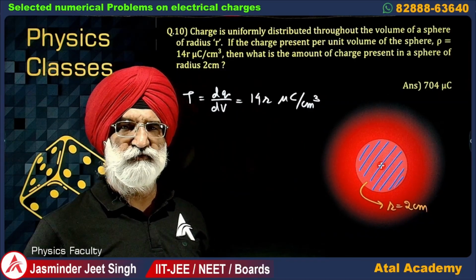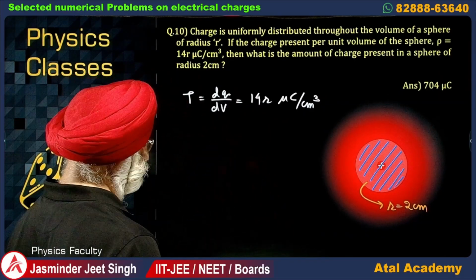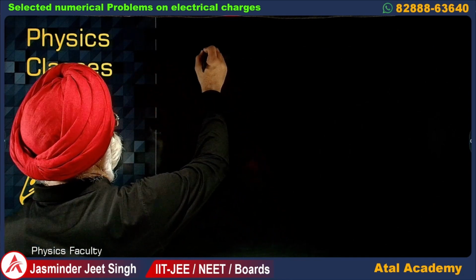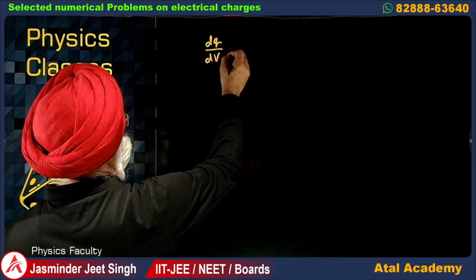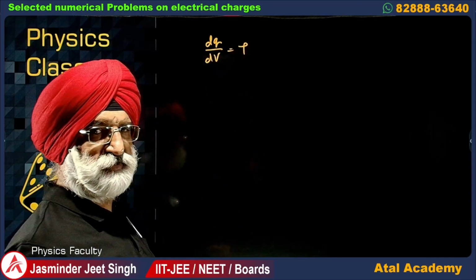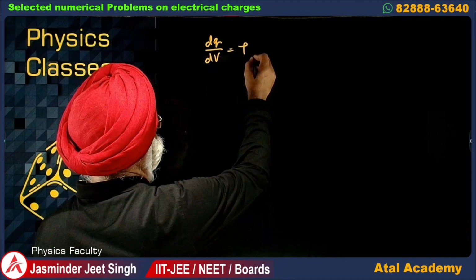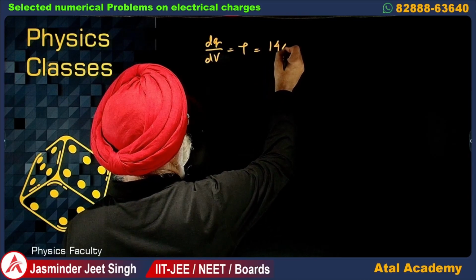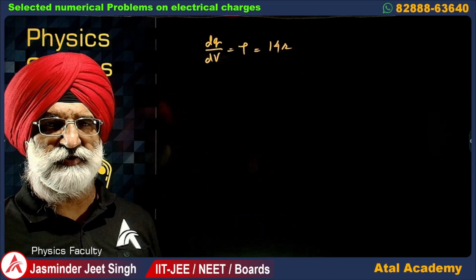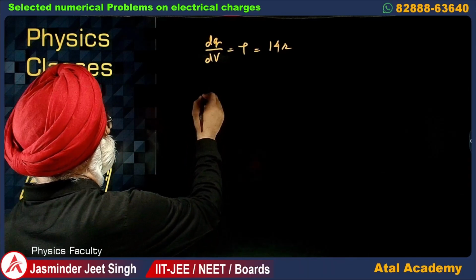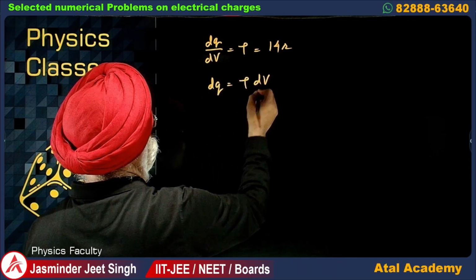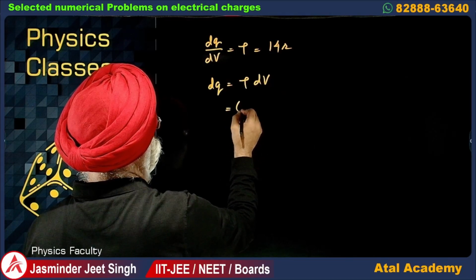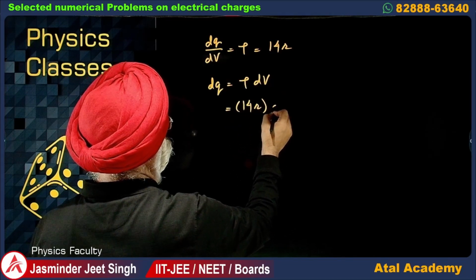Now we can move forward with the charge distribution. If we have rho, charge per unit volume, and rho is equal to 14 r microcoulomb per centimeter cube, dq by cross multiplication will become rho into dv, and rho is 14 r into dv.